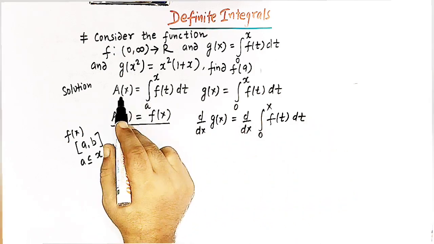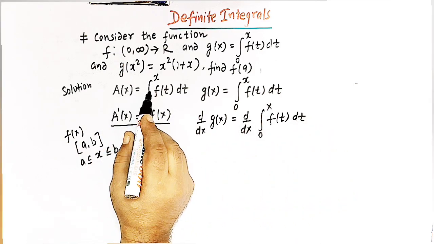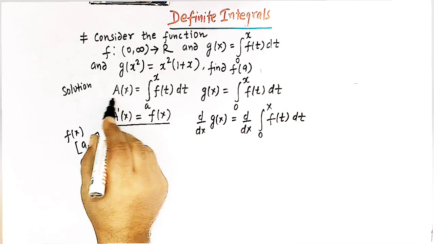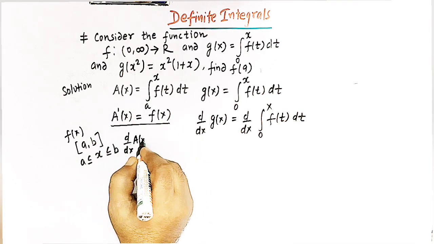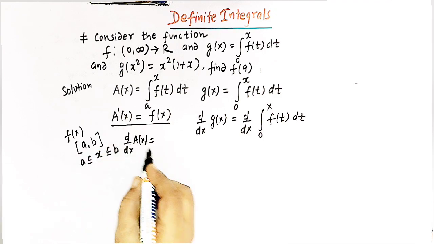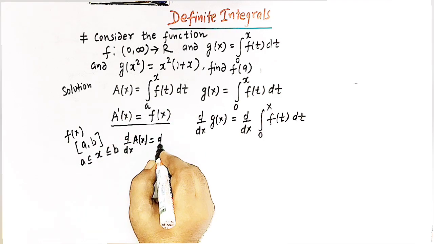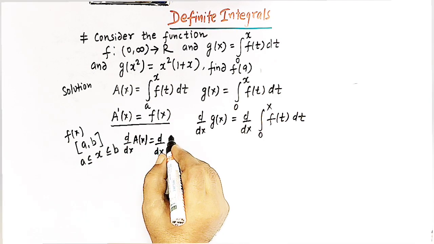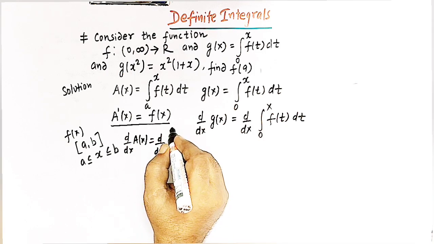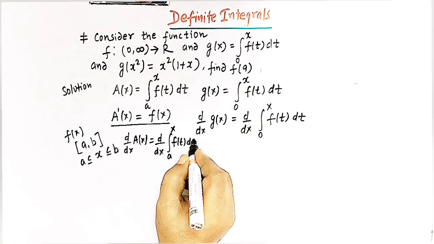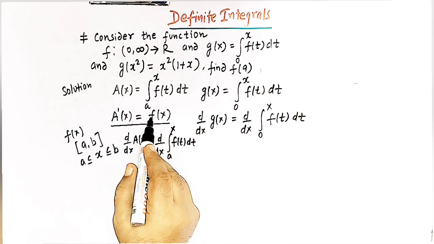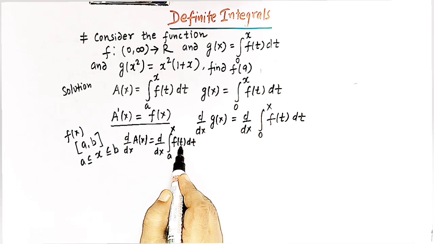So here we have seen that when we differentiate both sides, that is d by dx of a of x, then we get a prime of x, and here when we find d by dx of the integral from a to x f of t dt, then we get f of x, right? So replacing this t by x.